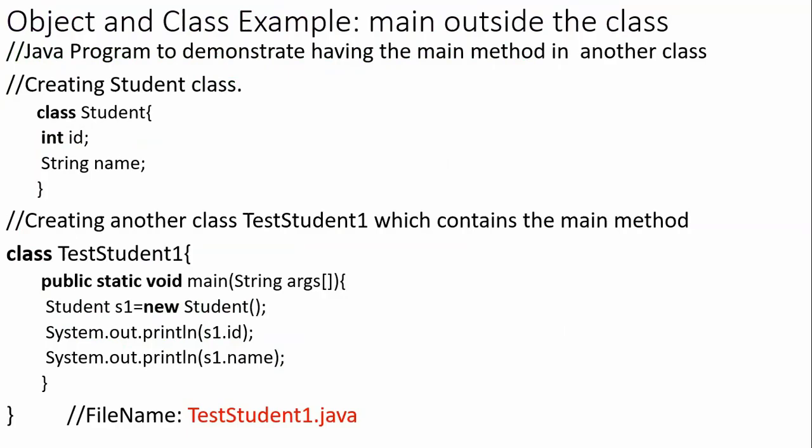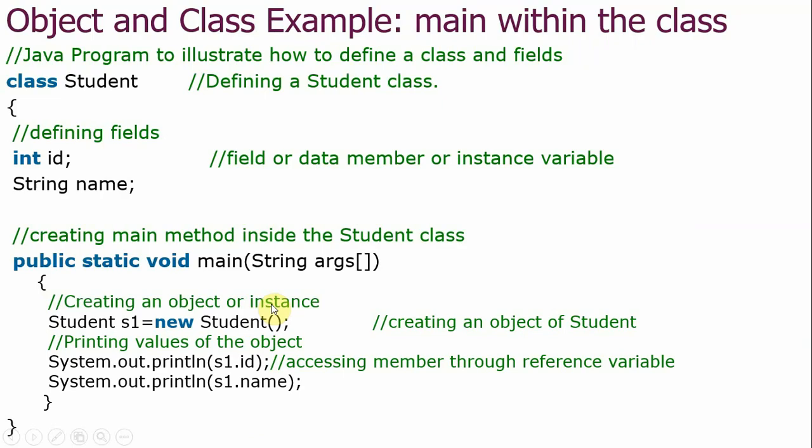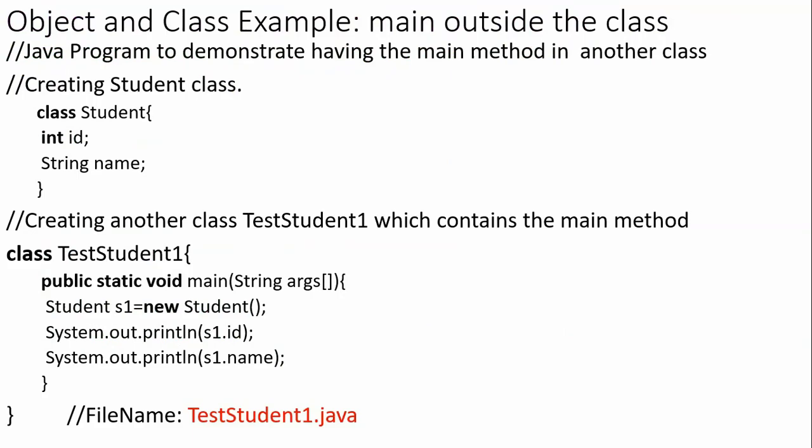Now we'll see another example, where the main method is outside of the class. Same example. Creating Student class, with two instance variables, and public static void main String arguments.